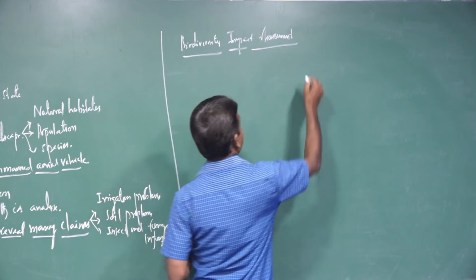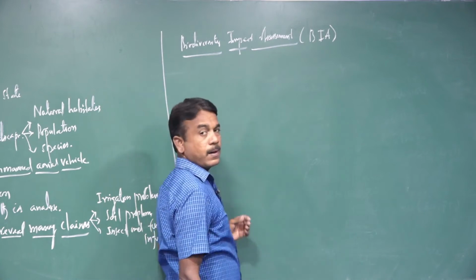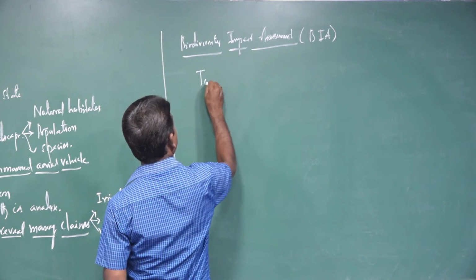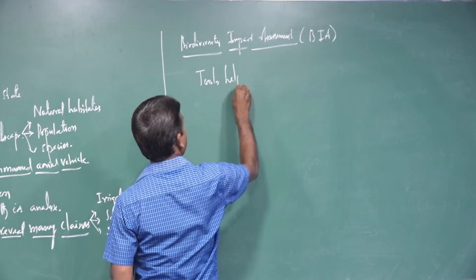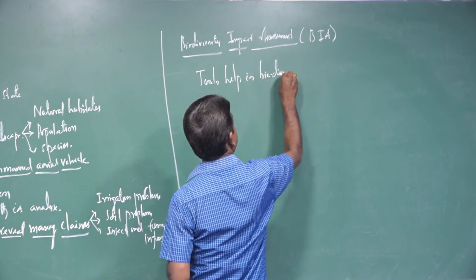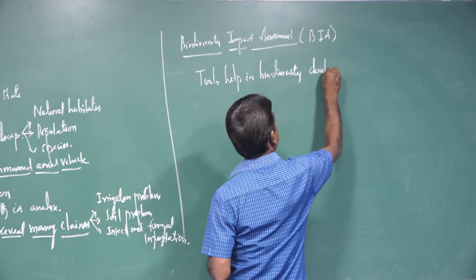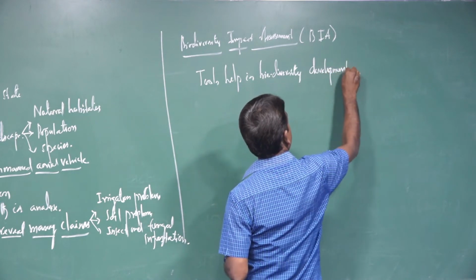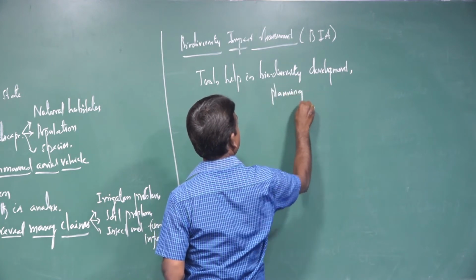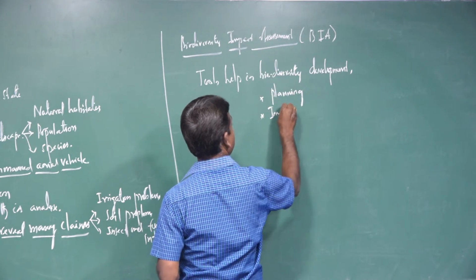Biodiversity impact assessment, that we call BIA, is a tool that helps in biodiversity development, planning, and implementation.